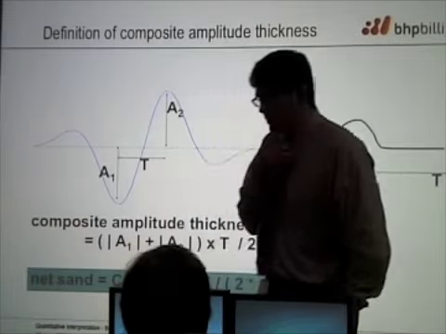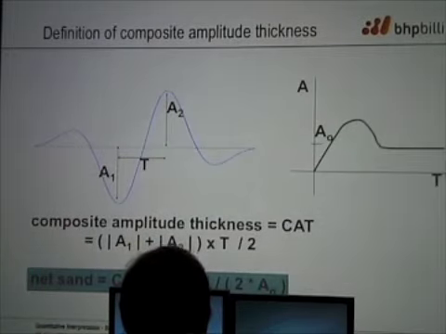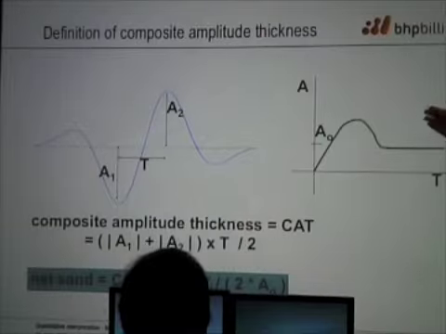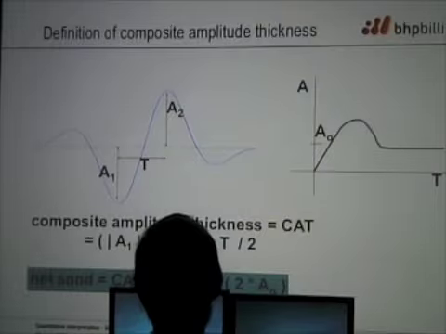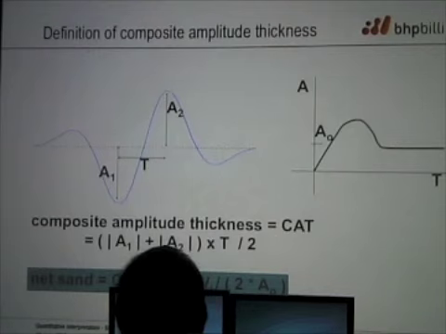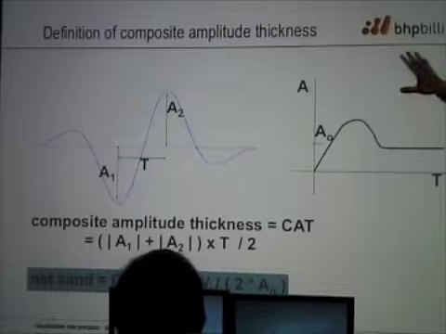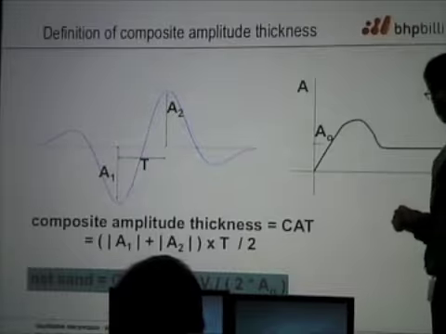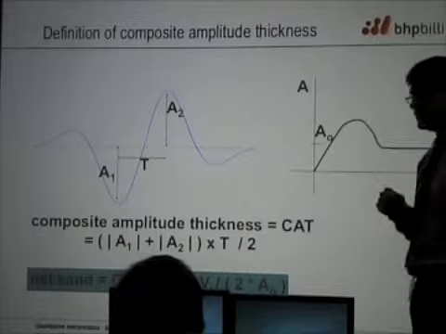Let me talk about two major definitions of the way to do amplitude extraction. One method that's utilized, and is very ubiquitous throughout the ExxonMobil empire, is composite amplitude thickness. It's done on reflection coefficient data.